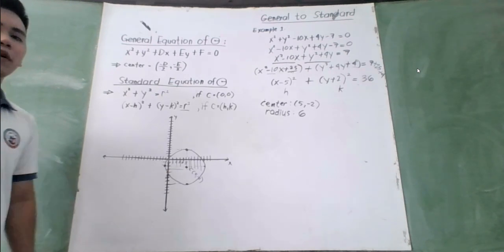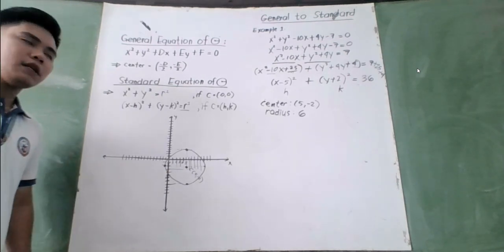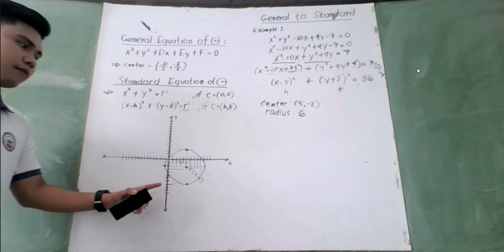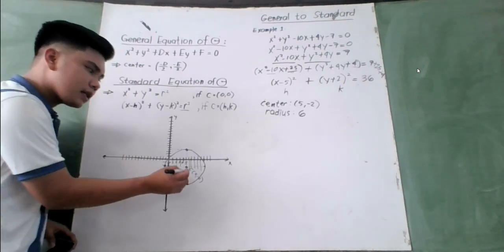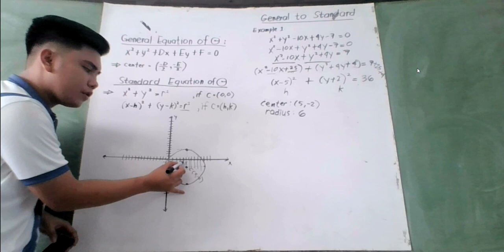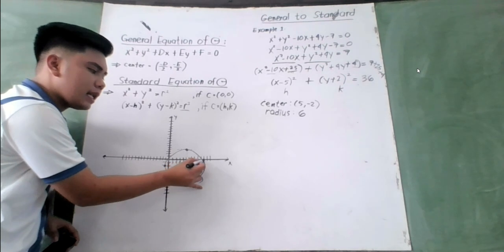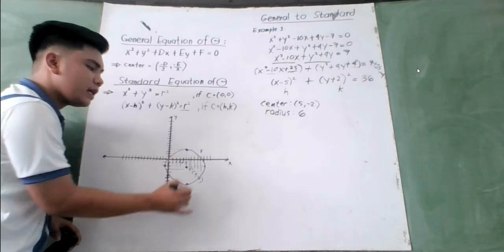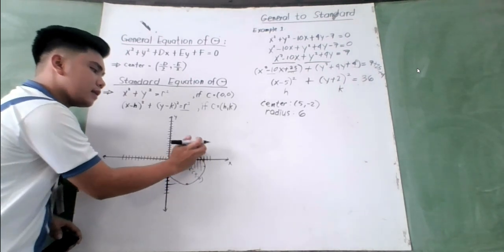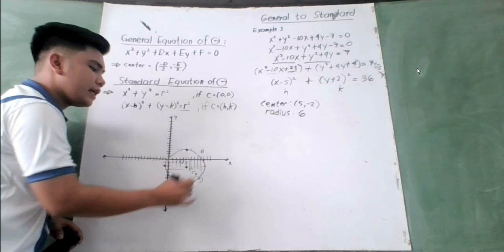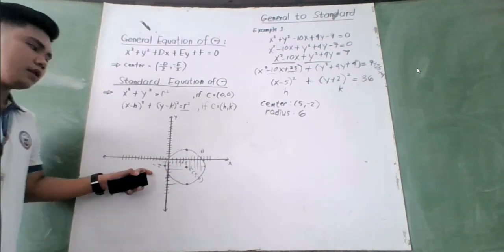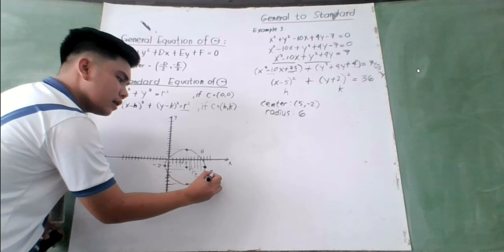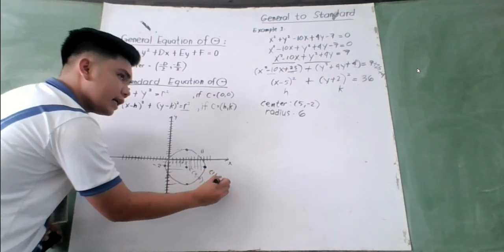And what if you are going to be asked, let us count, 1, 2, 3, 4, 5, 6, 7, 8, 9, 10, 11. This is positive 11 and negative 2. So this is 11 comma negative 2.